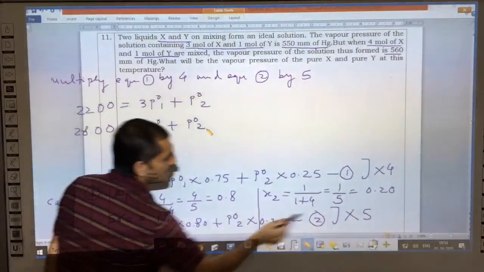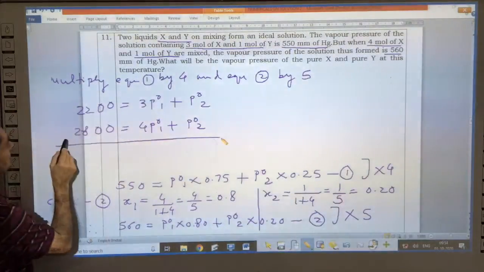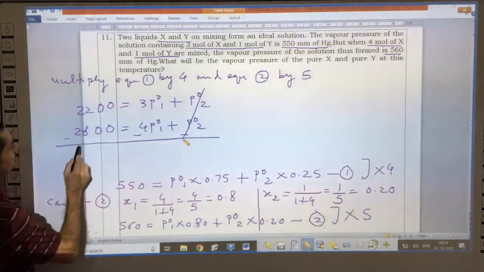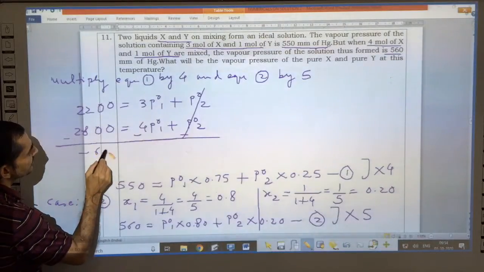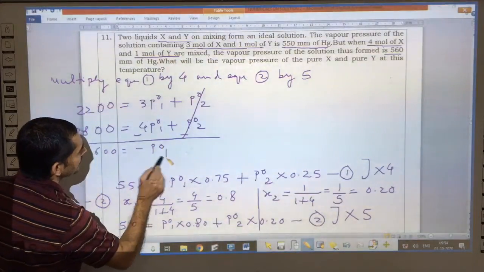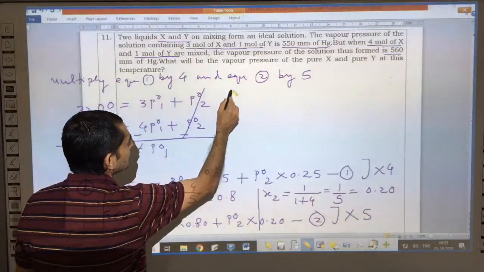You multiply 0.2 by 5, it is coming 1. Now you solve this. Subtract the two equations, minus cancelled. This is minus 600 is equal to minus P01. Minus cancels. You have got P01.